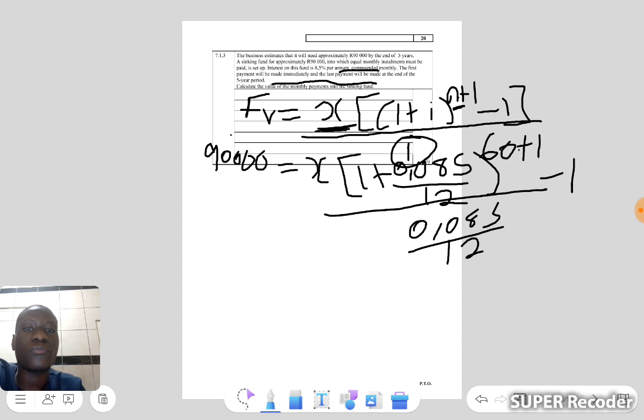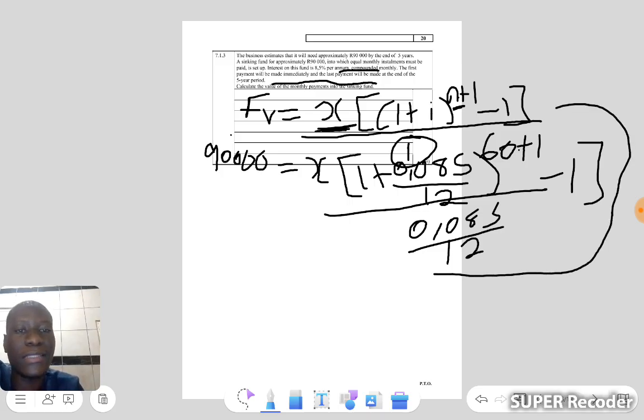So what is going to happen now in this problem? We are going to simplify this portion that I've circled here first, right?